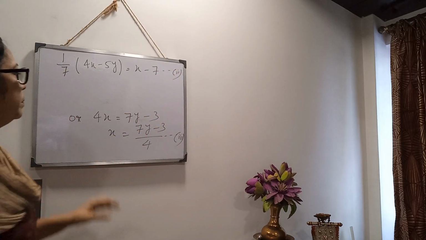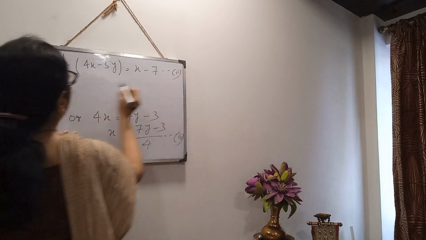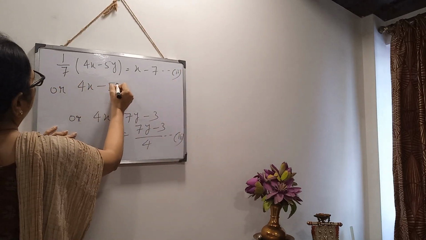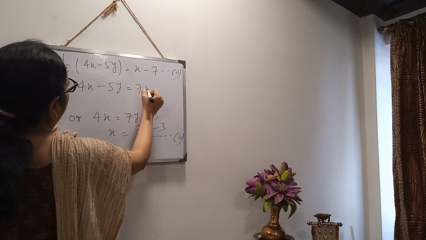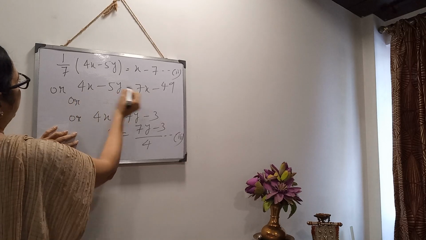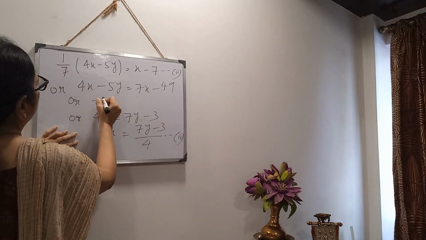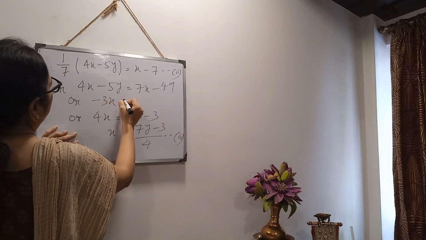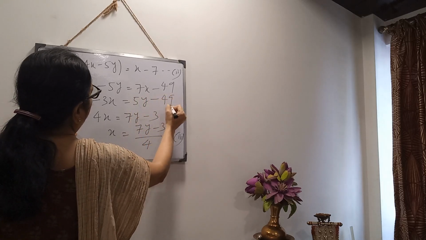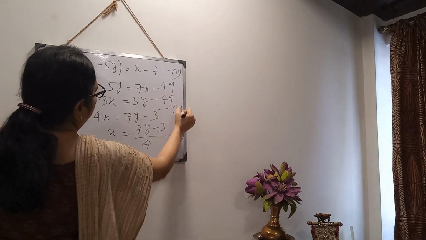So this one, cross multiply. 4x minus 5y equals to 7x minus 49. Therefore 4x minus 7x means minus 3x. Minus 3x equals to 5y minus 49. This is my equation number 4.